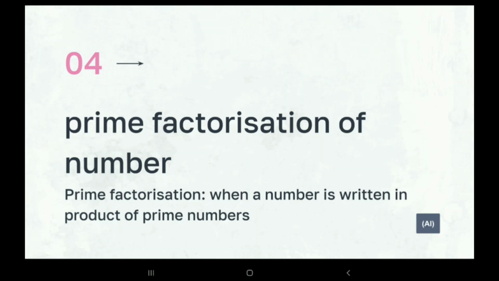Okay, so the last one is about prime factorization of a number. Prime factorization means when a number is written as a product of prime numbers. So we want a number and we want to write it in prime numbers which multiply by each other and the result will be the number itself.